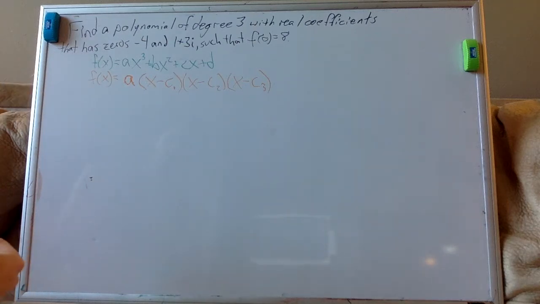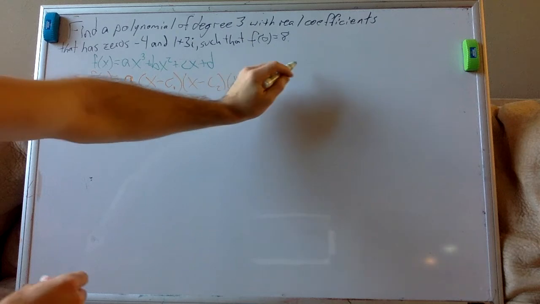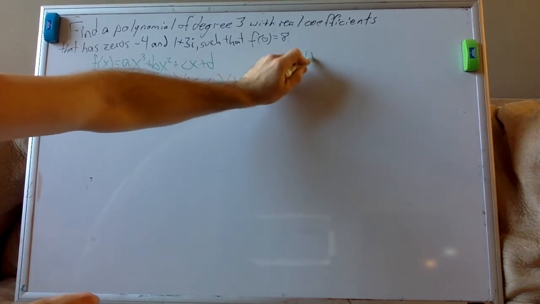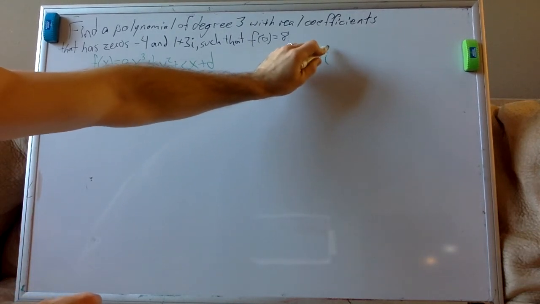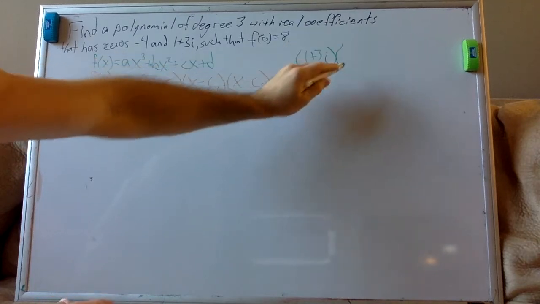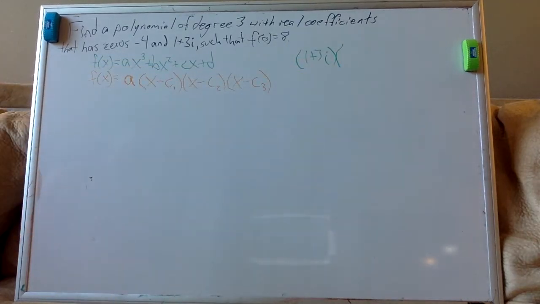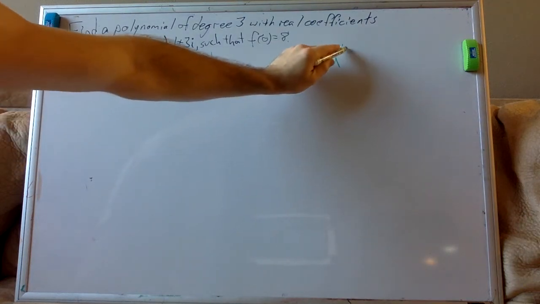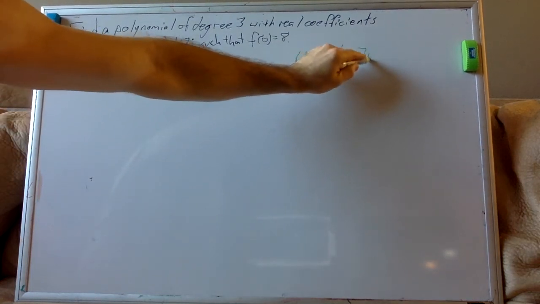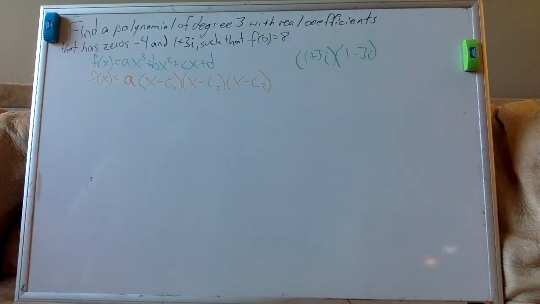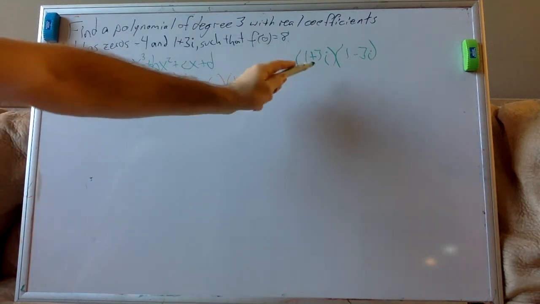So if we look at 1 plus 3i, and we want to get rid of the imaginary part, well, when we're multiplying binomials, most of the time we notice that if we have a difference of squares, then we don't have a center term. And that's what we do here.